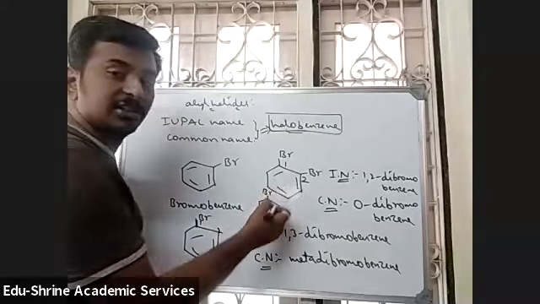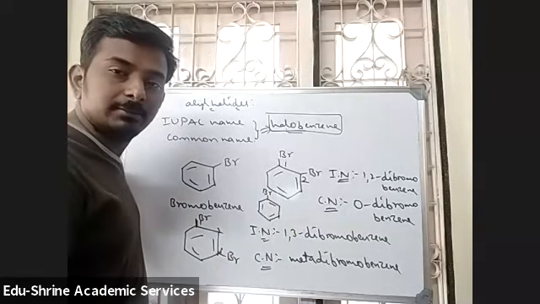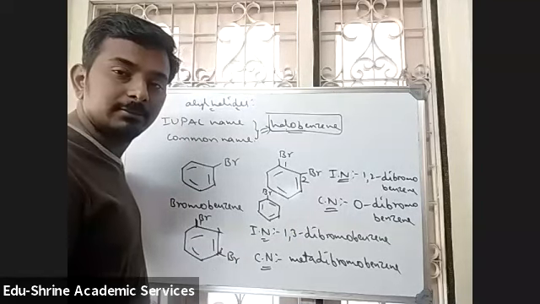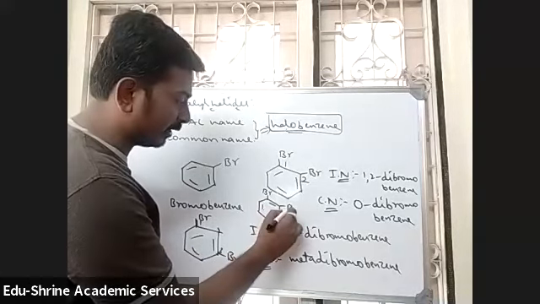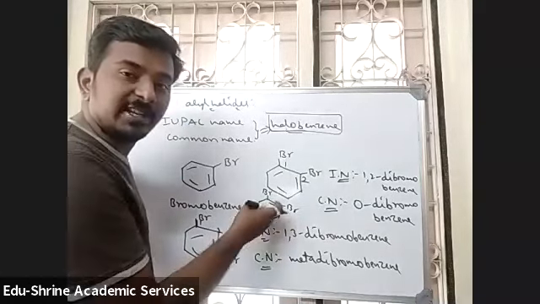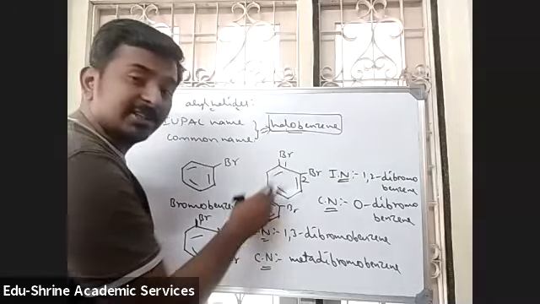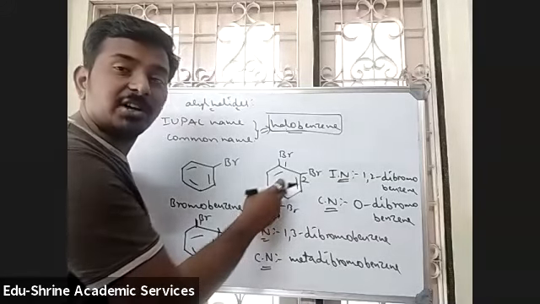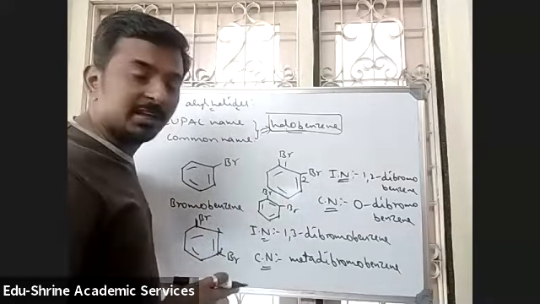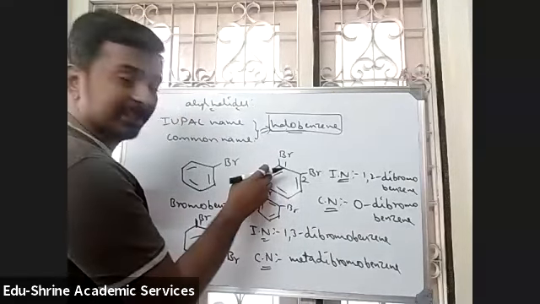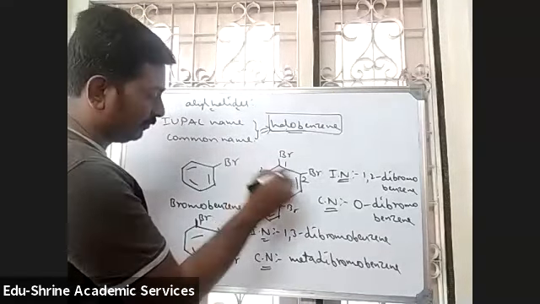Are these two structures different or the same? Same, no? These two are benzene compounds only, with one bromine here and one bromine here. Both are the same compound. Why? These two are resonating structures of each other. The double bonds in the benzene ring are not localized, so you cannot say that double bond is present here so we write 1 and 2. If they were localized, you could write in this way.